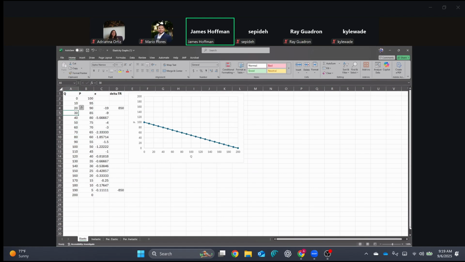Another thing to consider when we get to it is that the elasticity can change along the demand curve. What that means is there's always going to be a portion towards the left part that's elastic, and there's always going to be a portion that's inelastic.